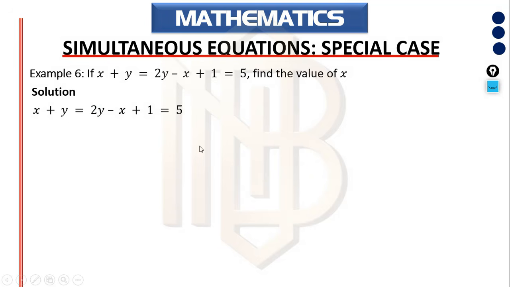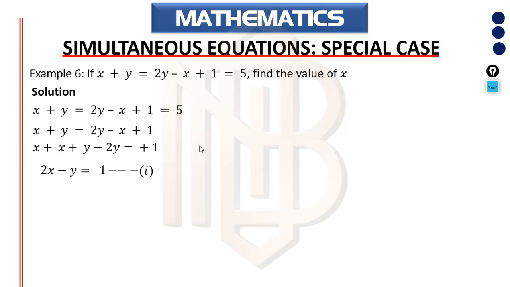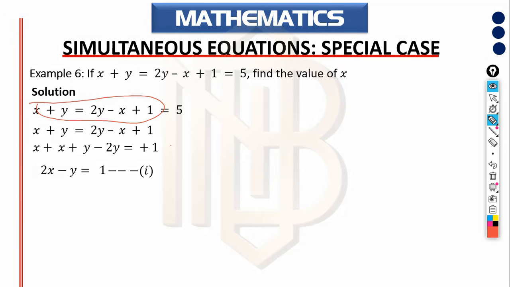From what you have there, you agree with me that x plus y equals 2y minus x plus 1, because we took the first route. If you collect your like terms, eventually you have your first equation. Can you see what happened there? The simple thing we did was pick this and this first, and that has given us our first equation.